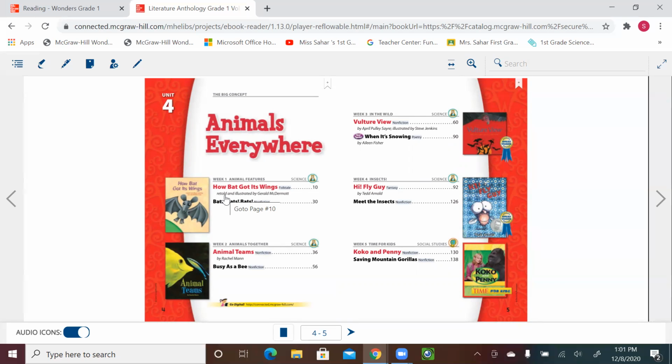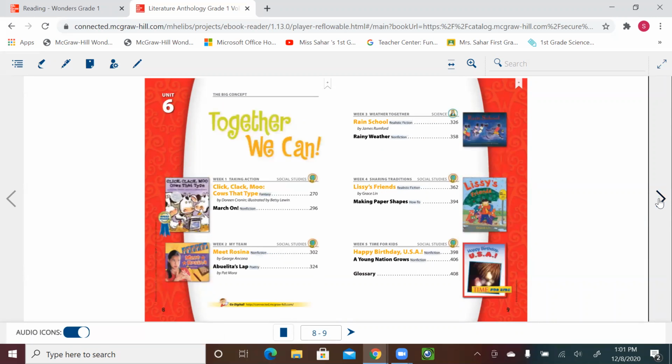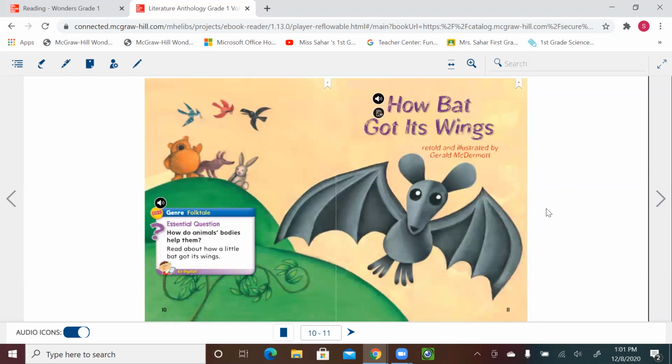We talked about some animals that you can see outside, like squirrels, cats, dogs, rats, rabbits, birds. All right, so this is Unit 4, and this is Unit 5 in the same book, and then we have Unit 6. Okay, let's start with pages 10 and 11, How Bat Got Its Wings.